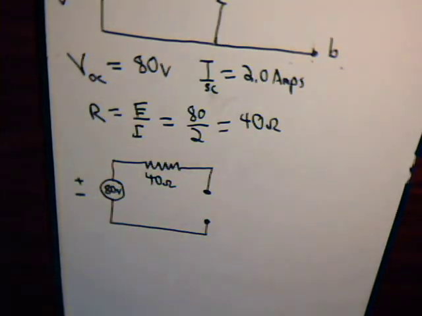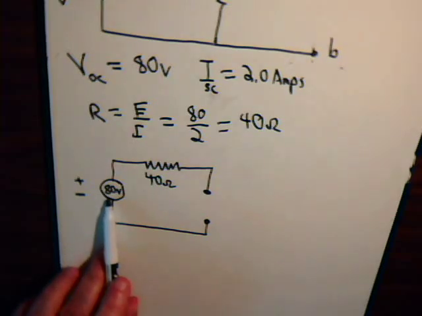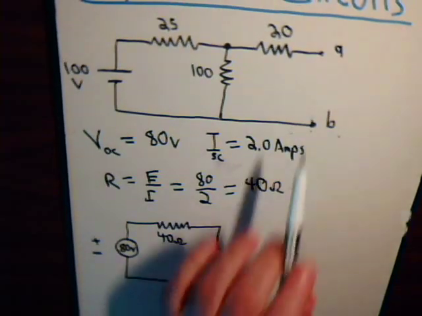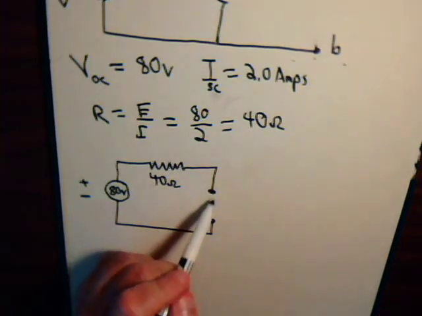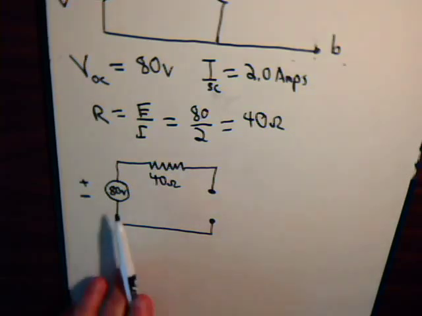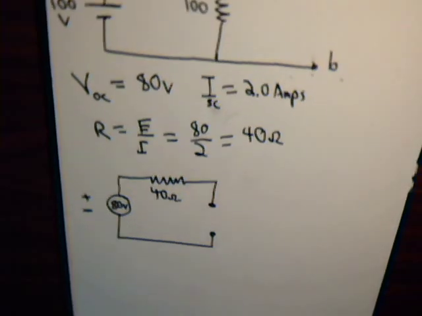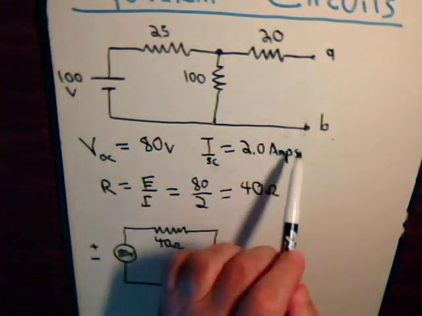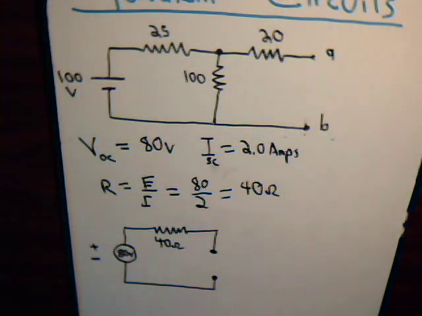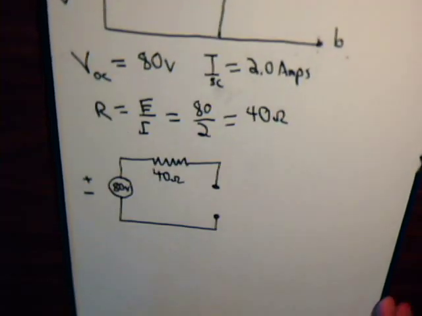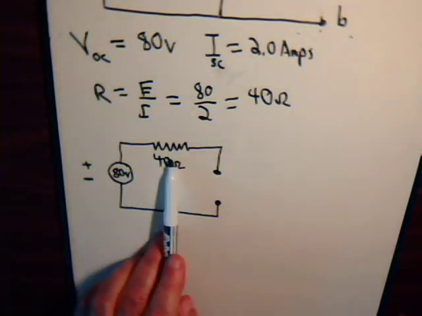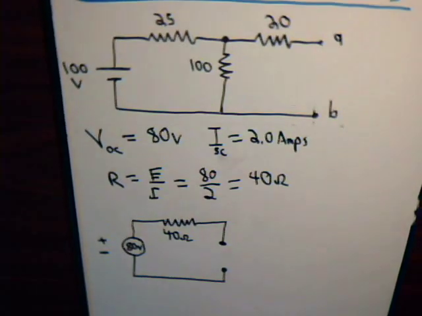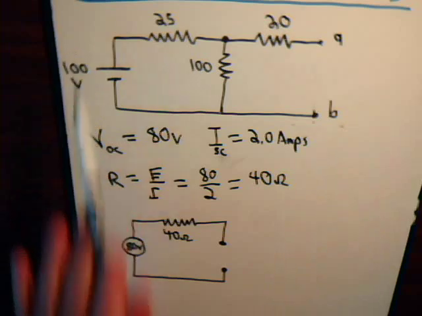For this circuit, the open circuit voltage is 80 volts, just like it is here, and the closed circuit current would be 80 divided by 40, 2 amps, just like it is for this circuit. So as far as these terminals A and B are concerned, this simple circuit with a single voltage source and a single resistance is equivalent to this circuit.